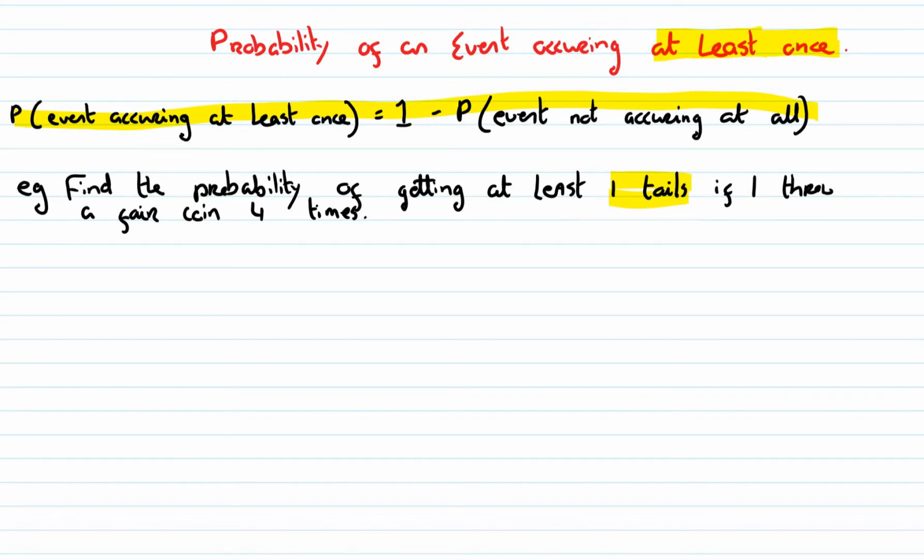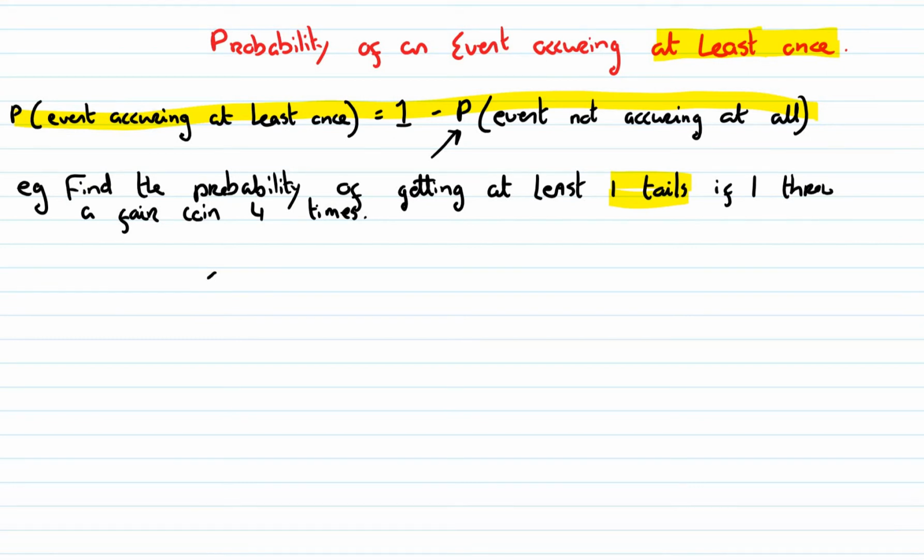All 4 times, that's fine, but it has to occur at least once. So the only way I won't be successful in getting 1 tails is if it doesn't occur at all. So what we do is, and if you look up at this formula here, we go 1 minus the probability of no tails occurring.